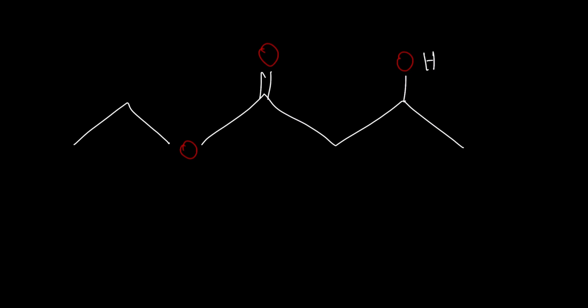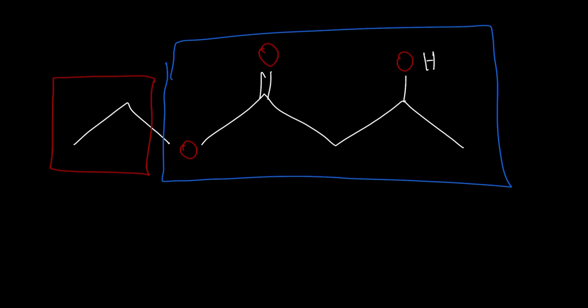Now, let's talk about this compound. Here you can see that we have 2 carbons on the lonely side, and it's going to be called an ethyl. Then we have 1, 2, 3, 4 here, which is going to be called butanoate. But notice that we have an alcohol group on carbon number 3.